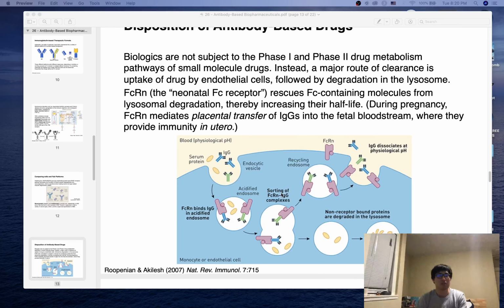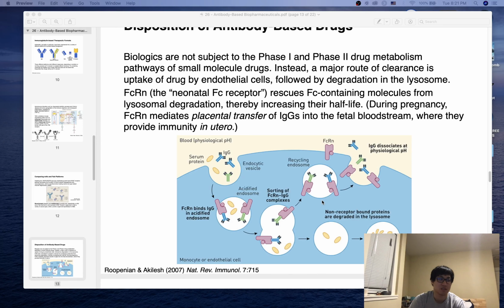Here, what you want to know is that there is a specific Fc receptor that can recover some antibodies before they go to lysosome degradation, which saves something from the pool and increases their half-life.